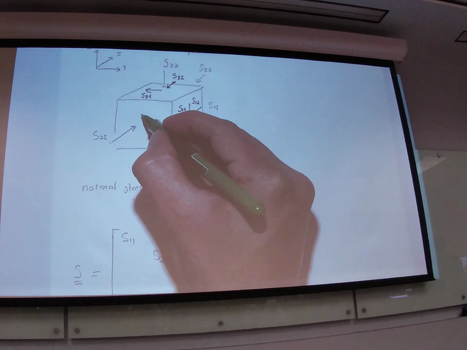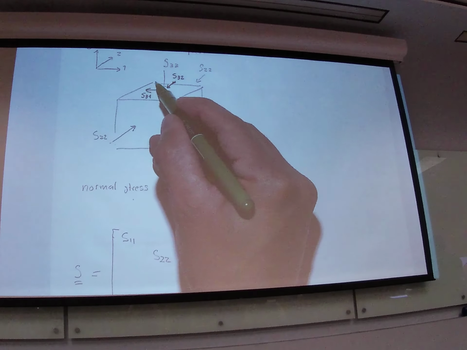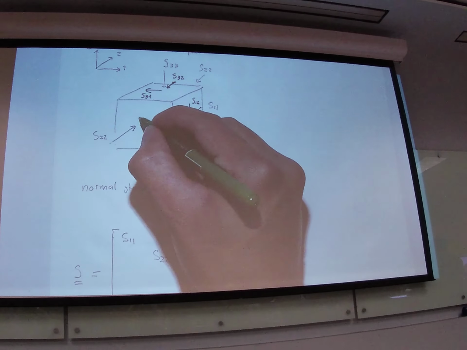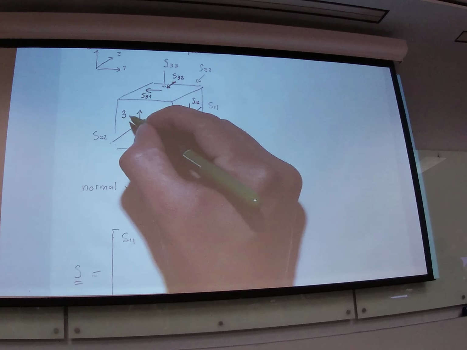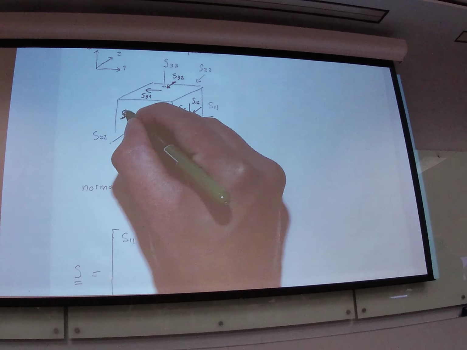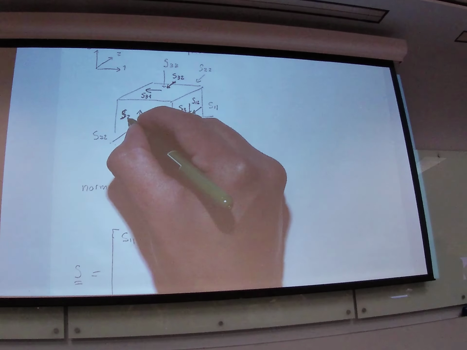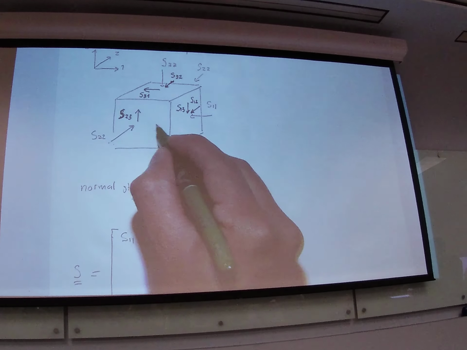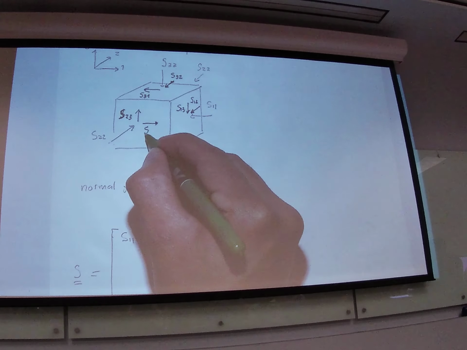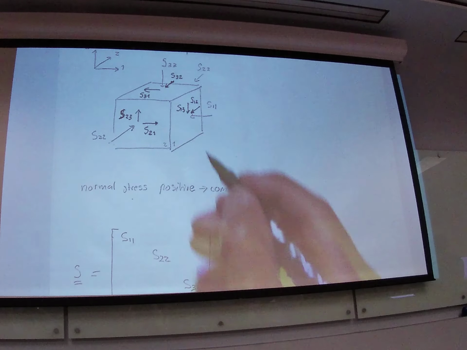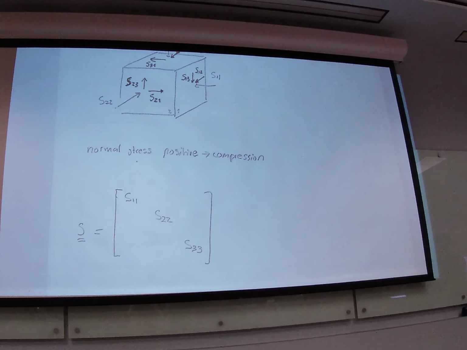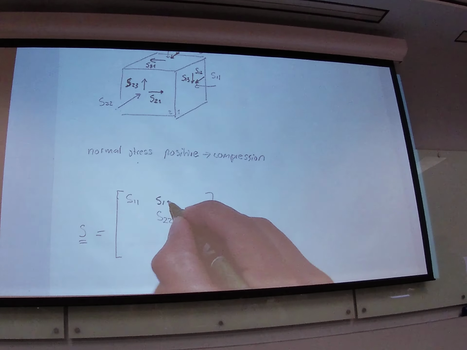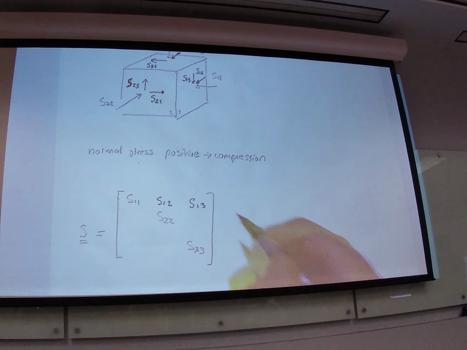And here, now I walk in negative direction. And here I'm going to have S23, and here I should have S21.